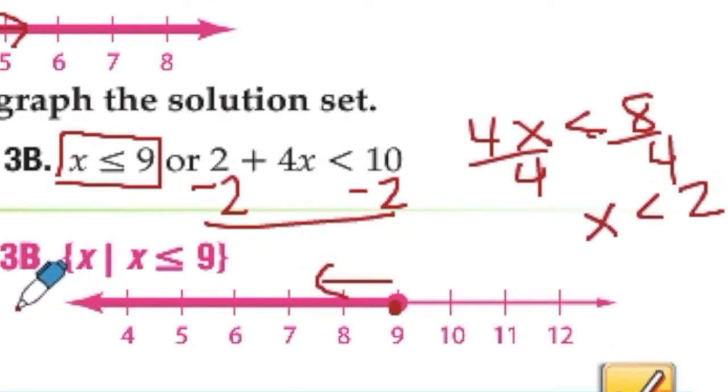So x is less than 2 is over here, open circle, arrow to the left. But we are going to say that the solution set is this one right here because it includes the other one. So we have x such that x is less than or equal to 9.